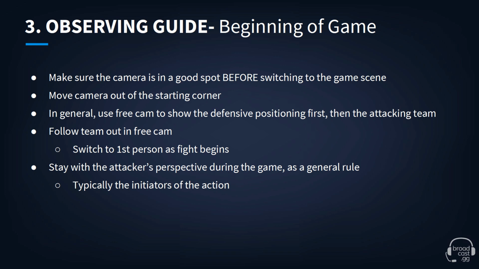So at the very beginning, as an observer, you want to make sure that the camera is in a good spot before you switch to the game scene. This is specific to remote casting, when you control when your stream is going to go live. So make sure that the camera is in a good spot before going live, because when you get spawned into a game as a spectator, the camera is often placed in some really strange corner, like on Route 66.